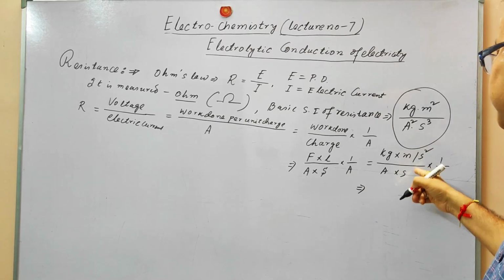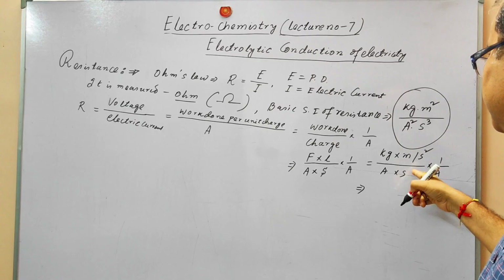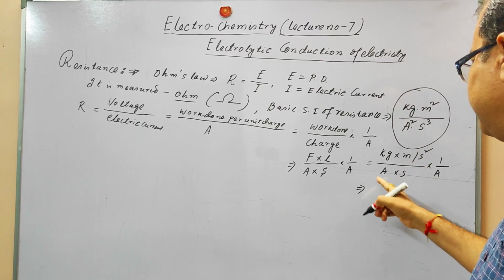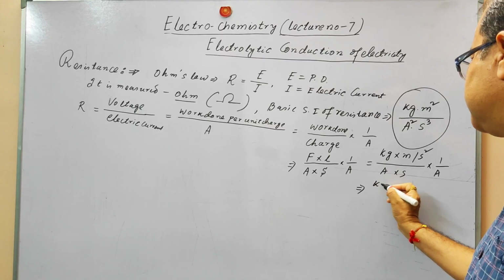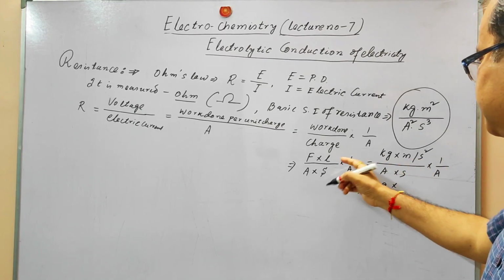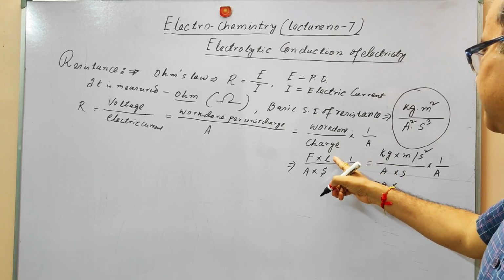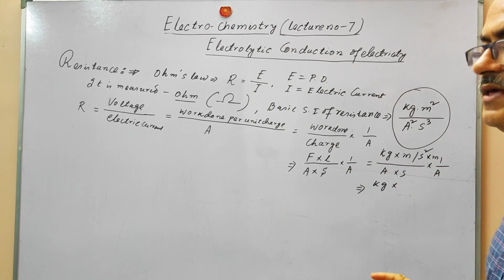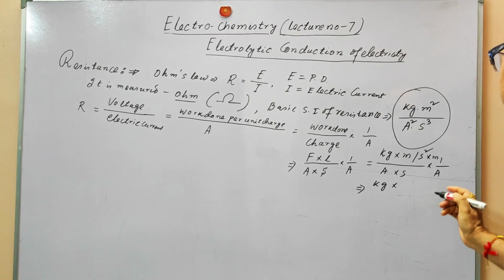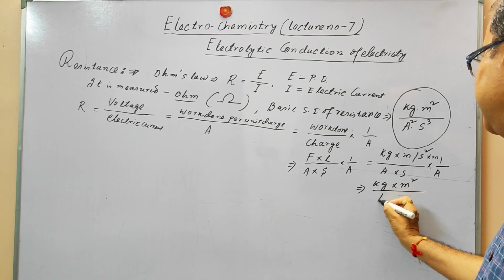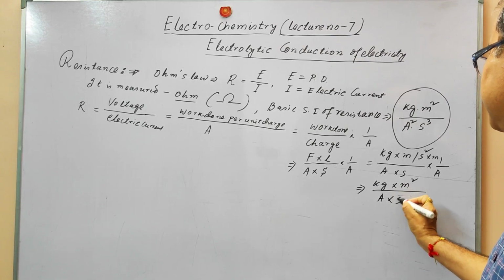So we can put this S here. You can put this S in the denominator, that is kg into, and here is another L that you have not considered, that is M. M is basically the unit of the length. So kg M square by A into S square.